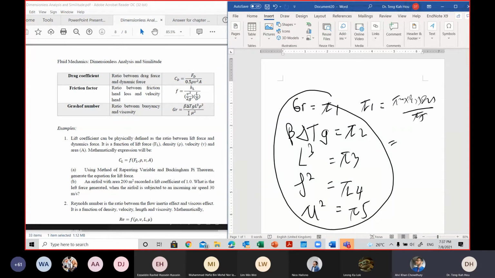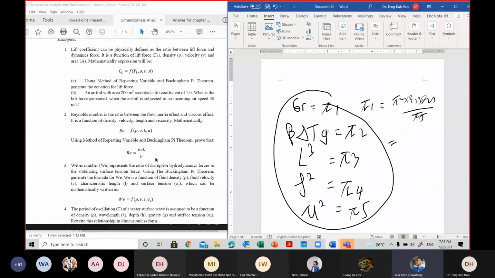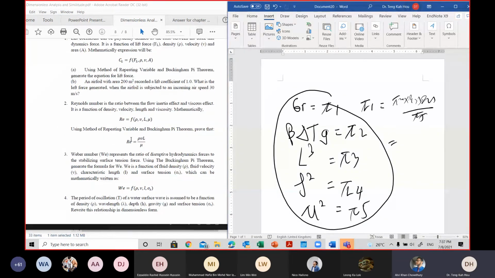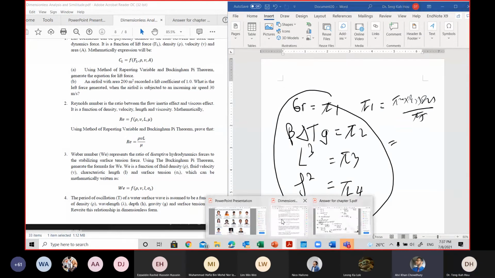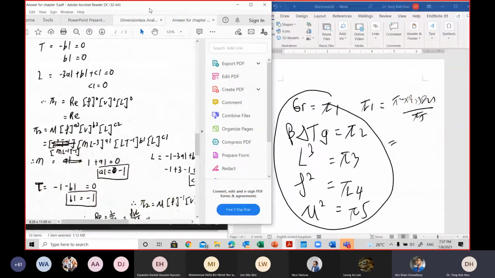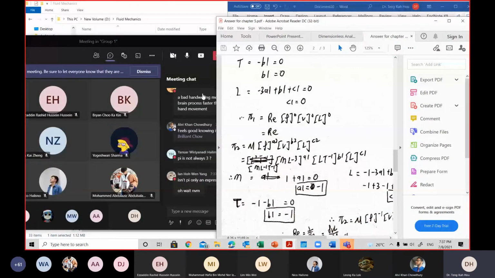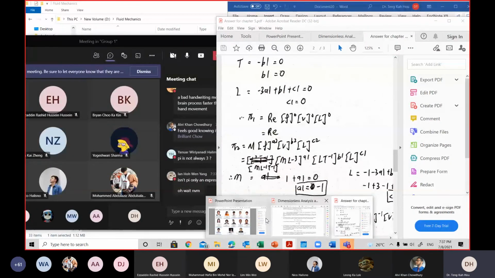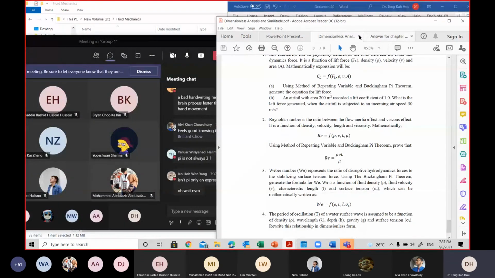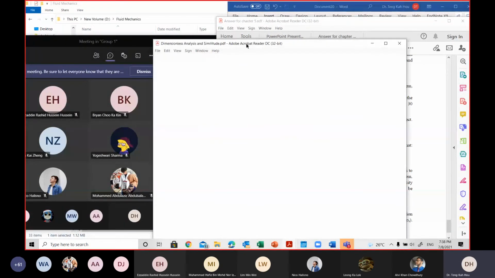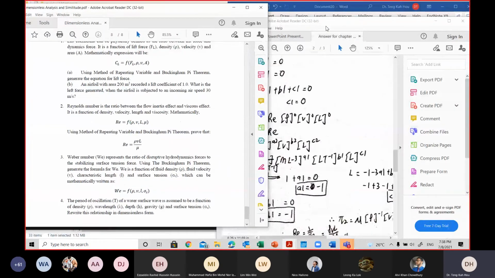Yes, sir. So in case they ask us to prove, we have to use the pi's according to the formula given. In case not, just the function, that's it. Just write pi1 equal to function. If the formula is not given, I have nowhere to know that my pi needs to be 1 over pi2, am I right?